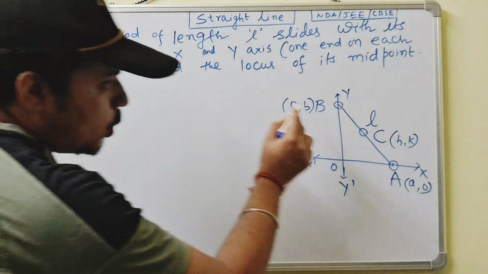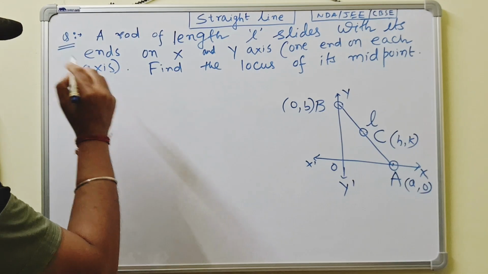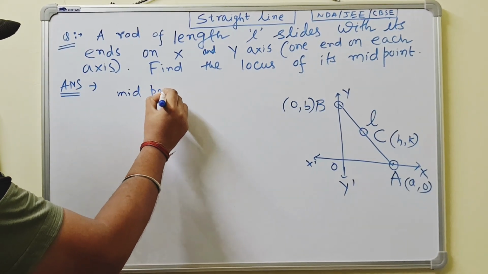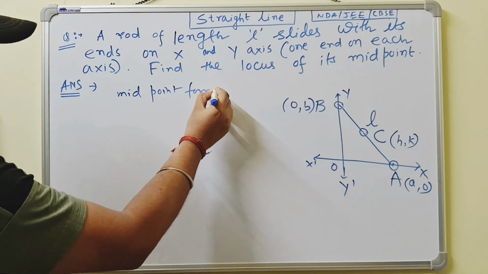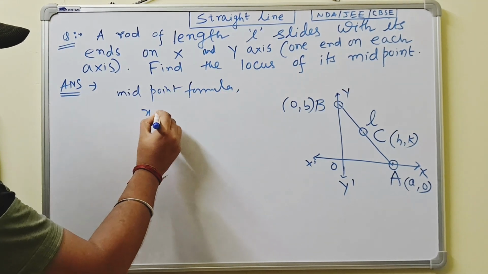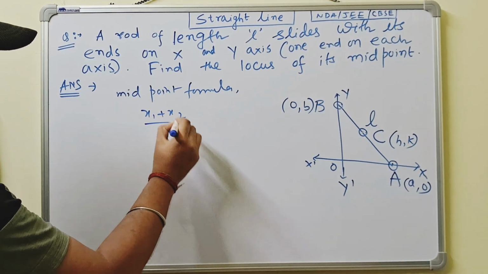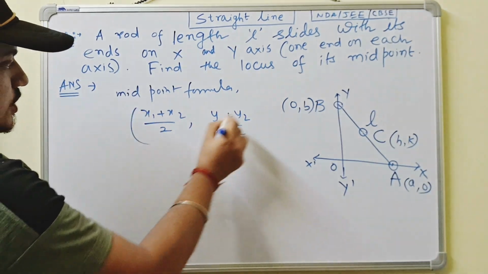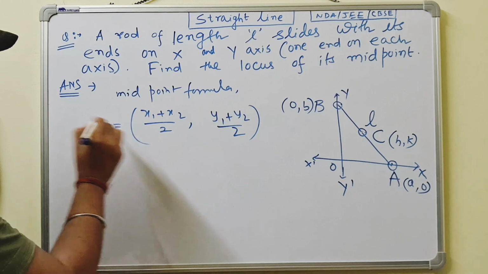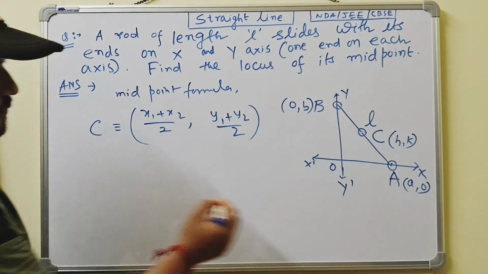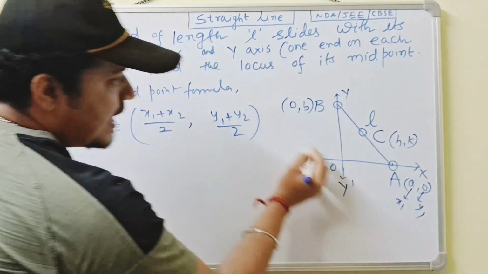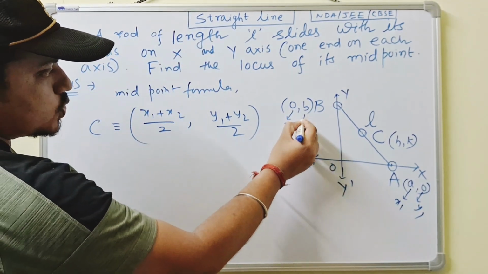You know the midpoint formula. What is the midpoint formula? It is (x1 plus x2 by 2, y1 plus y2 by 2). That is your point C. Now take the first point A as (a, 0), that is x1, y1, and B as x2, y2.